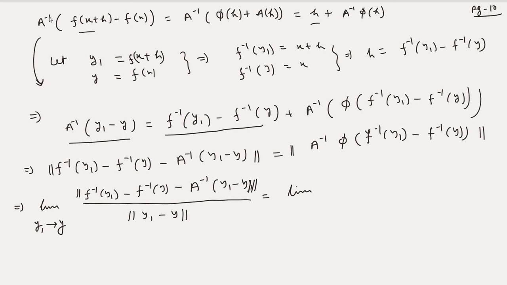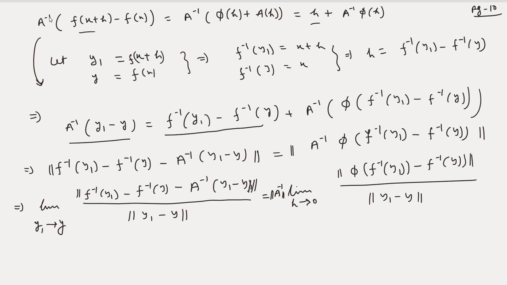we may take the norm of A inverse outside, times the limit as h tends to 0 of the norm of phi of F inverse of y1 minus F inverse of y over the norm of y1 minus y, as y1 tends to y.